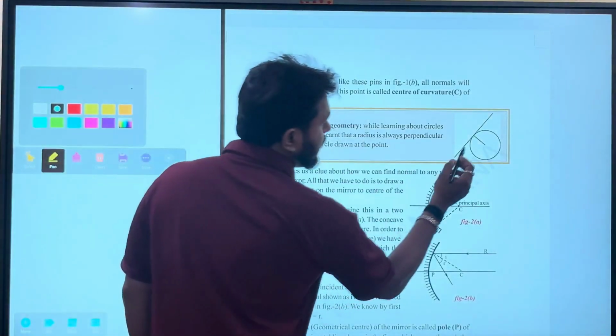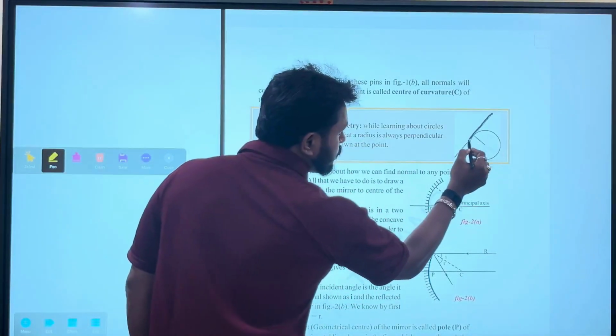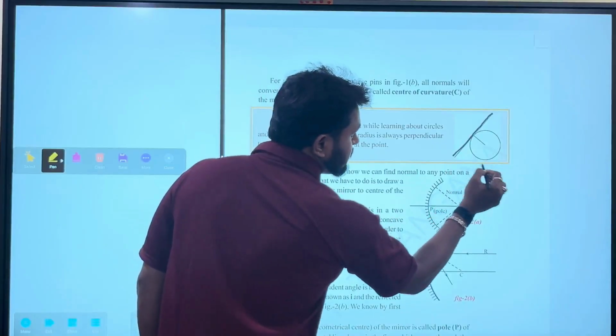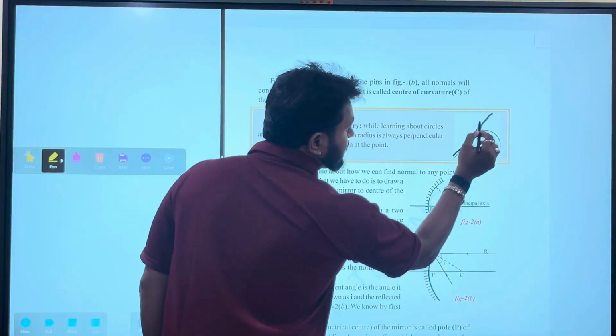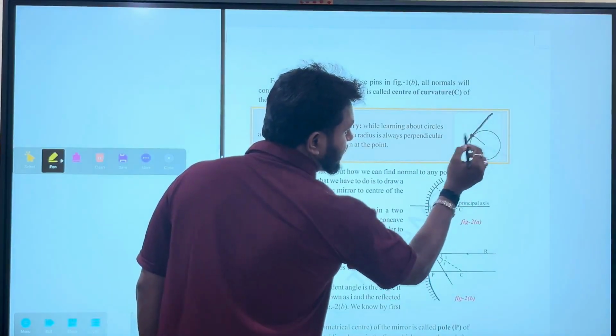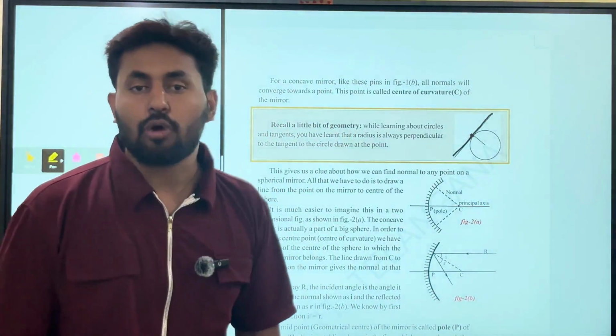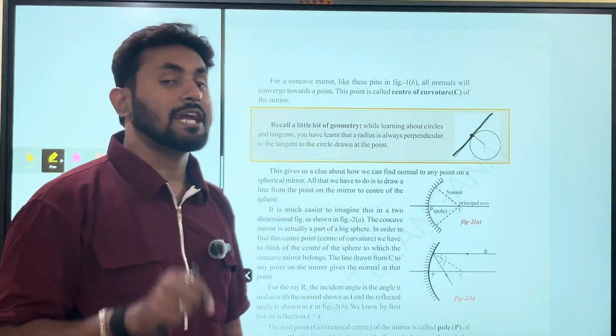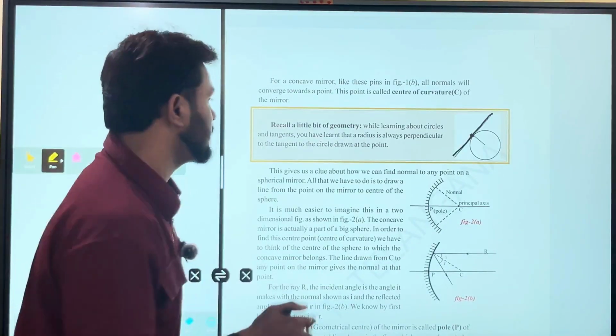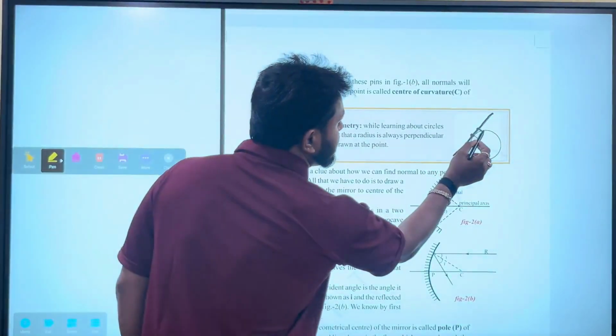Now how it does is, see over here. This is a circle. This line is meeting the circle at one point. So a tangent can also be called a line which meets the circle at one point, and at that point it makes 90 degrees to the radius.